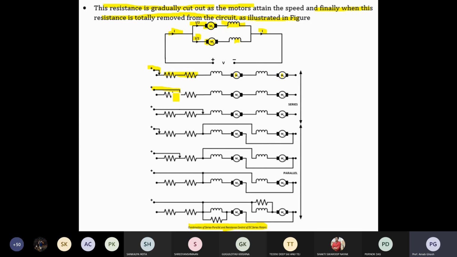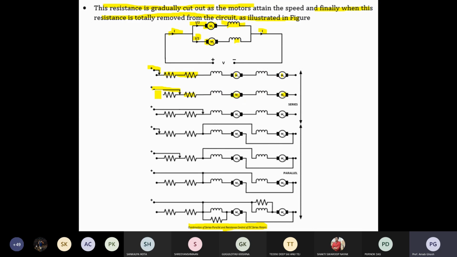Initially a huge current would flow, so both motors are in series with 2 additional resistances. Now you can bypass this part, bypass the resistance, and it is connected in series with this resistance and the 2 fields. So motor 2 and motor 1 are both connected in series.